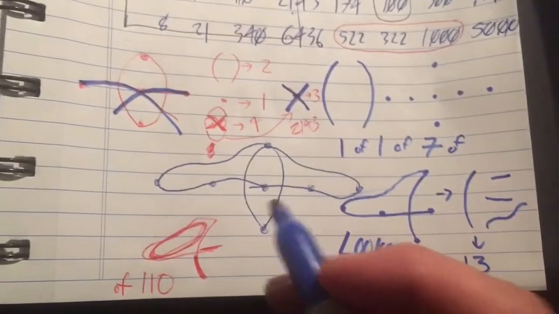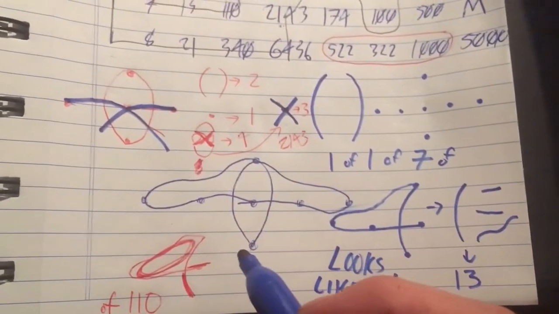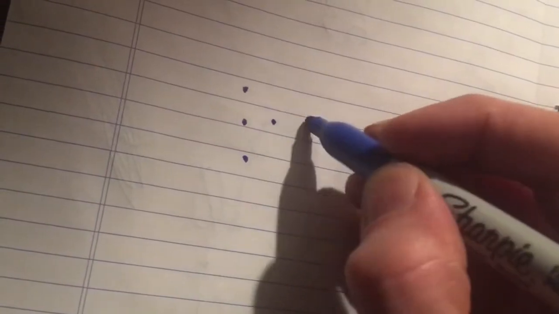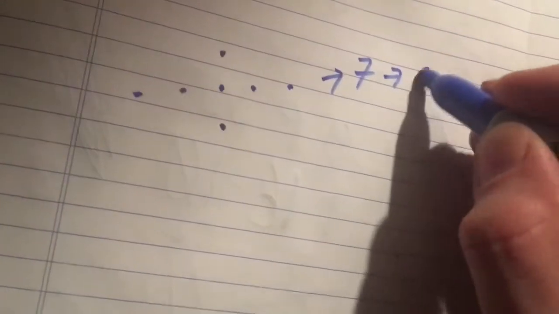And God is fungus. God is a mushroom. God is this. This is God. Oh, okay. That's 7. Or G. Right?